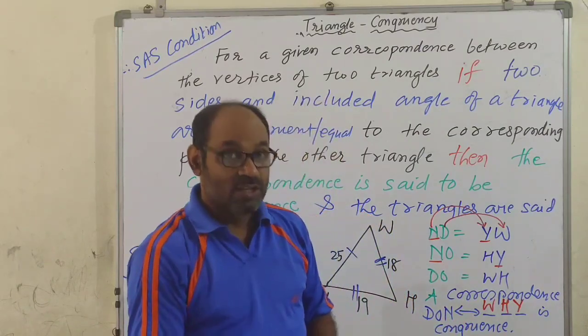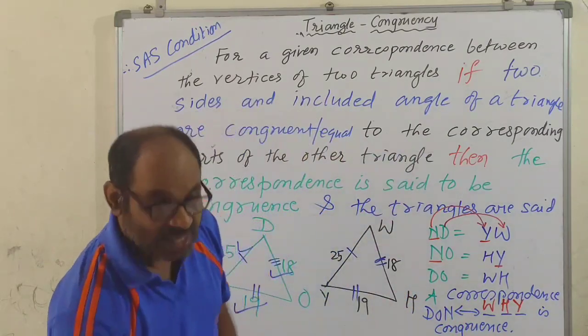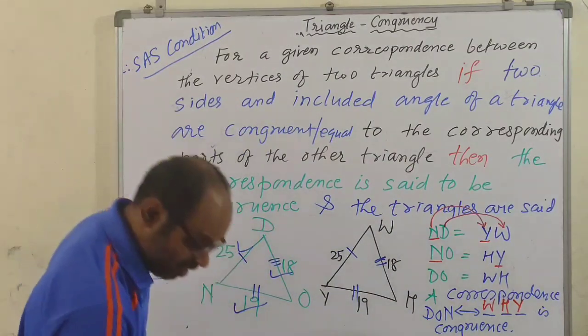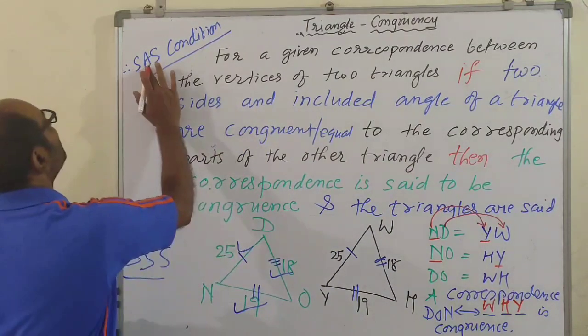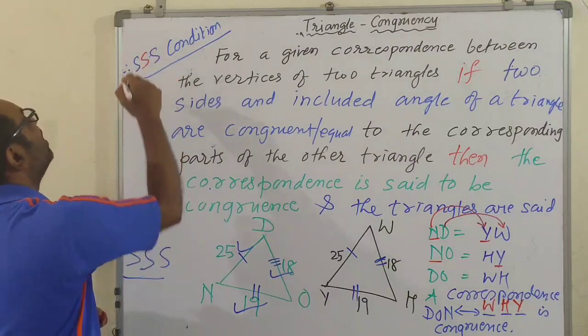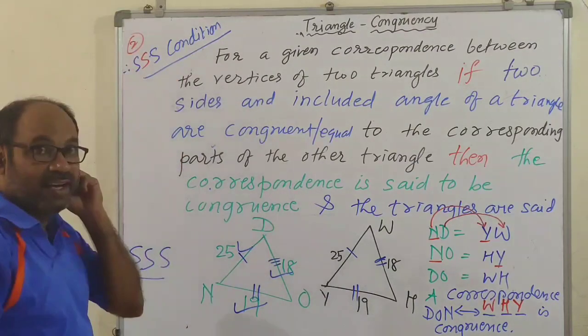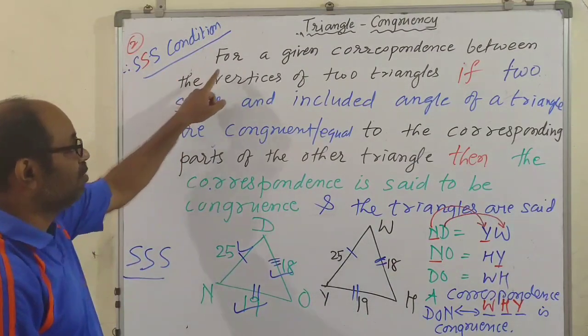Is that clear? So which condition is satisfied here? Side, side, side. So now the condition is side, side, side. This is the second condition. Now here there will be change.